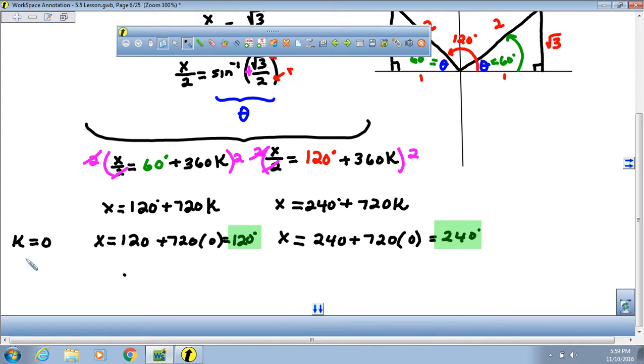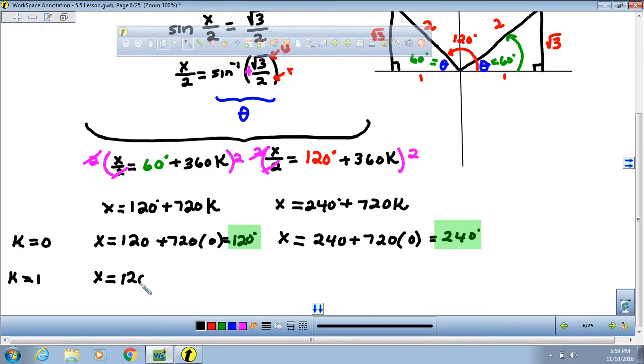Are both of these angles between 0 and 360? Yes, right? Now let's go for k equals 1, and you will see that this one is going to stop already, because if I substitute a 1 into the k, 720 times 1 is 720 plus 120 is 840, and that one is way over the 360. And the same thing is going to happen with this one. 240 plus 720 times 1 is 720 plus 240 is 960.